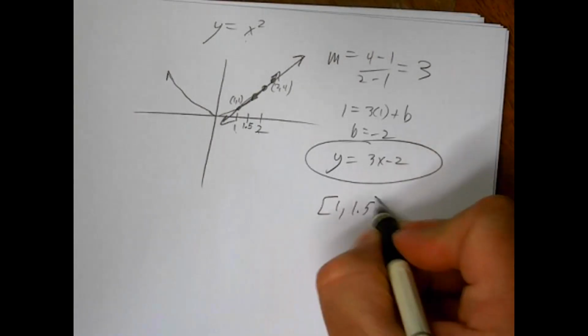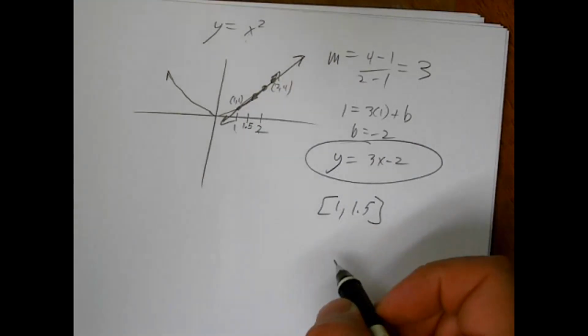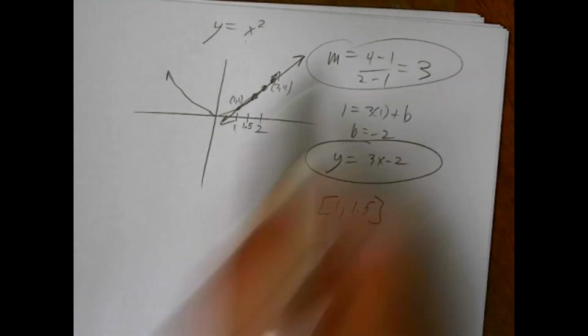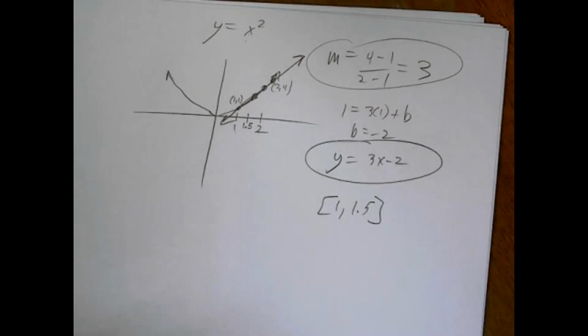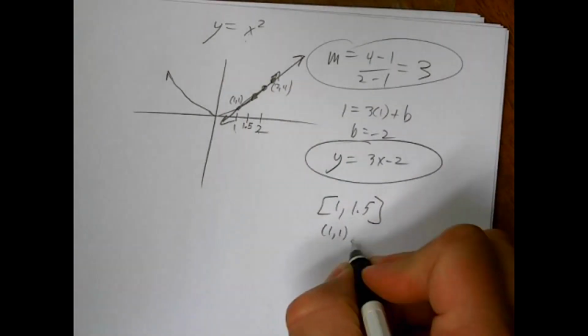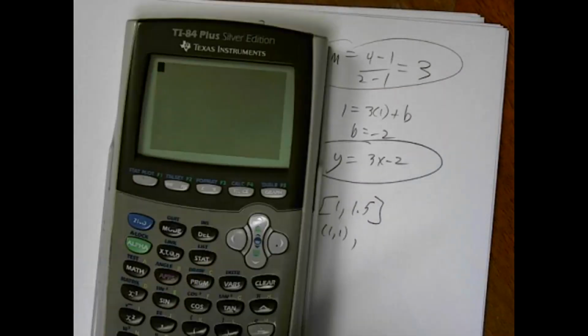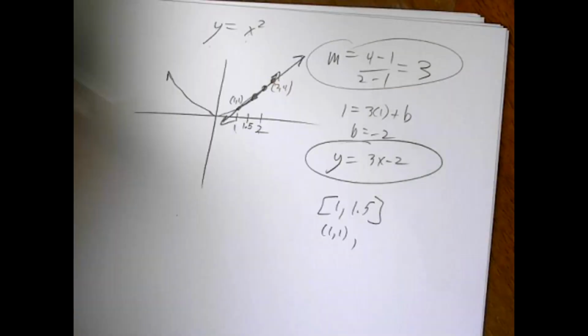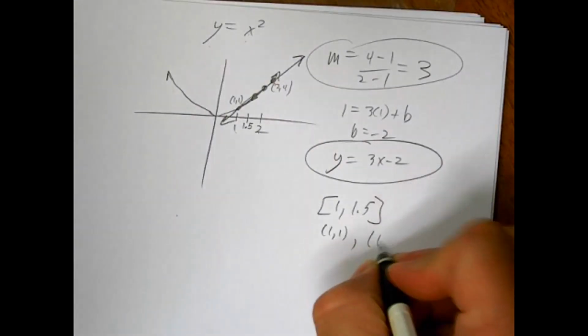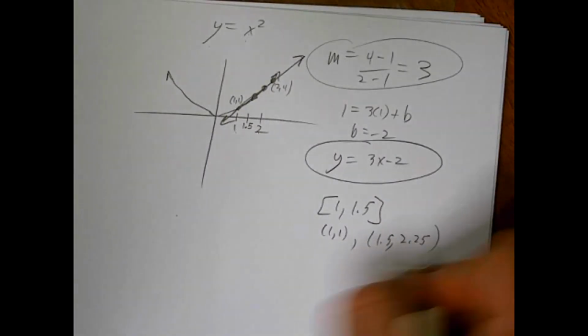Since I'm still stuck with this weak definition of slope, I'm going to have a couple of ordered pairs again. This time my ordered pairs will be 1, 1, that's what I had before, but the other one is going to have a y value that corresponds to 2.25, because that's what you get when you plug it in and square.